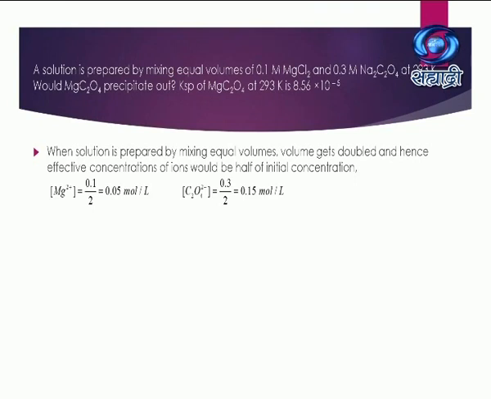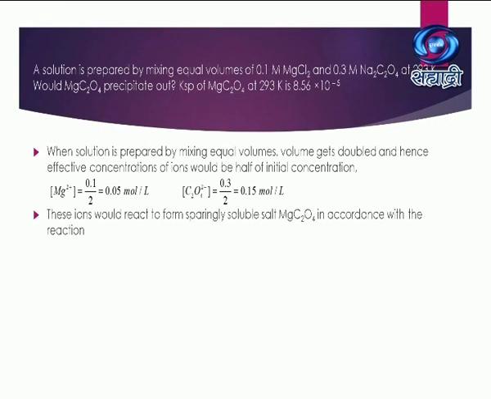The total volume becomes 2, and so I have divided by 2. So 0.1 upon 2, the actual magnesium ion concentration is 0.05 moles per liter. Similarly, for oxalate ion concentration, 0.3 divided by 2, so it is 0.15 moles per liter.